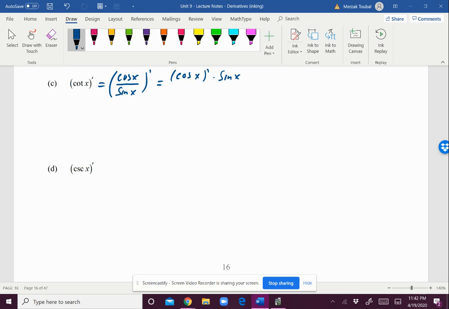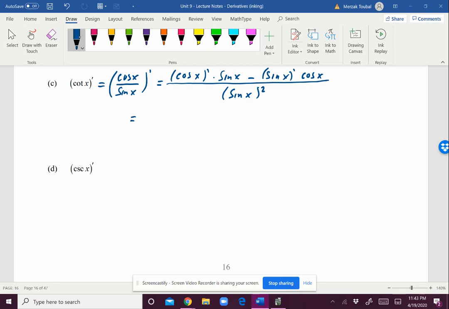But I'm just using whatever I have in here. So derivative of cosine times sine minus derivative of sine times cosine divided by sine squared.